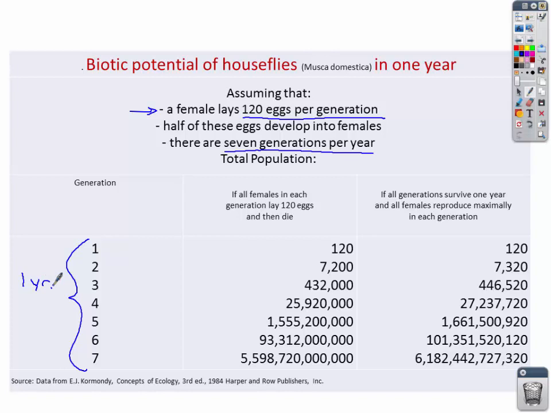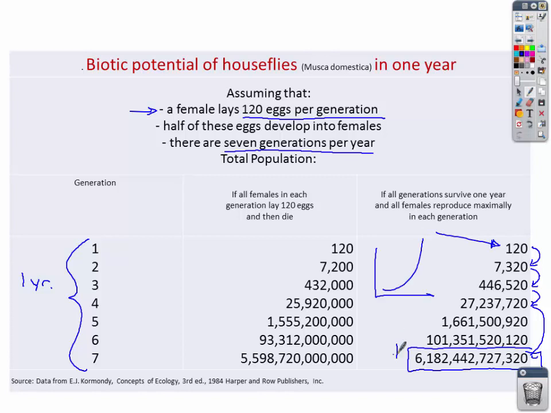In the first generation, a common housefly will lay 120 eggs. If it's allowed to reproduce at maximum rate and all survive, with no limiting resources, in 1 year you'll end up with an astronomical amount of houseflies. So that's a nice example, the common housefly, to look at the biotic potential of that species.